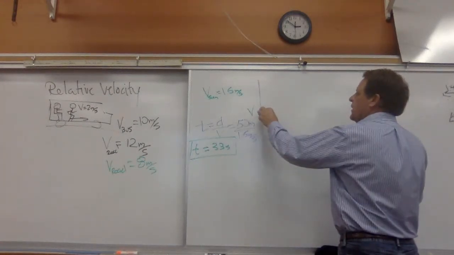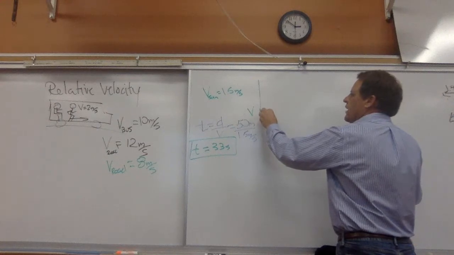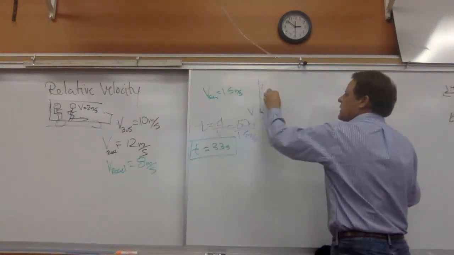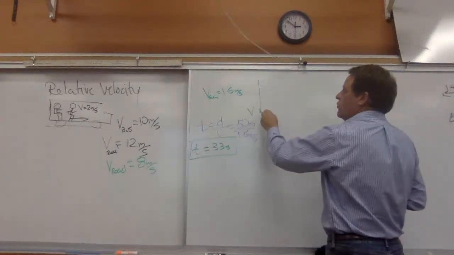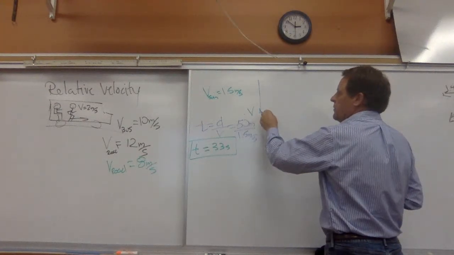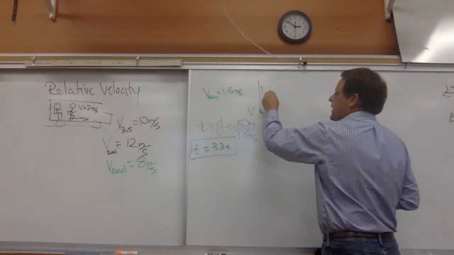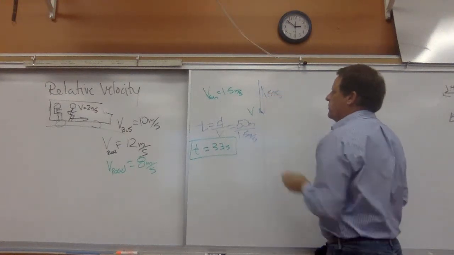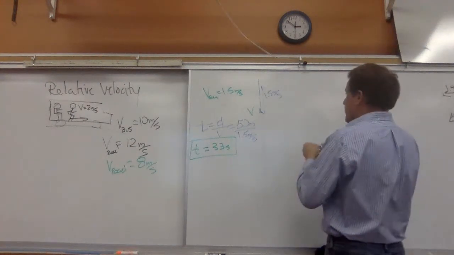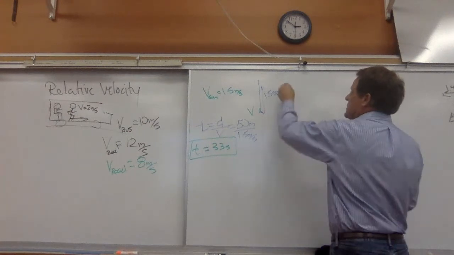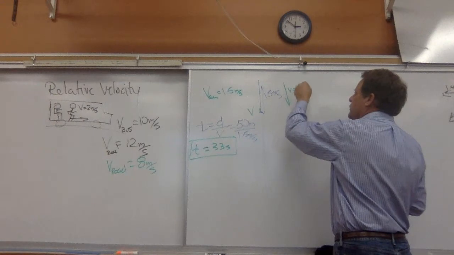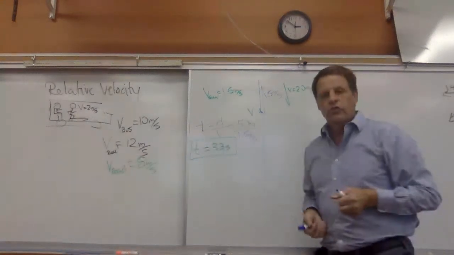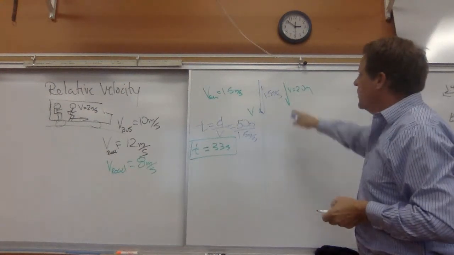If you wanted to go straight upstream, then you would be heading at 1.5 meters per second, but the current would have a velocity equal to 2 meters per second.